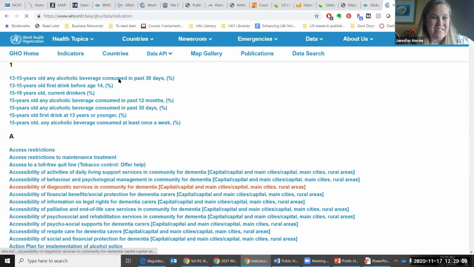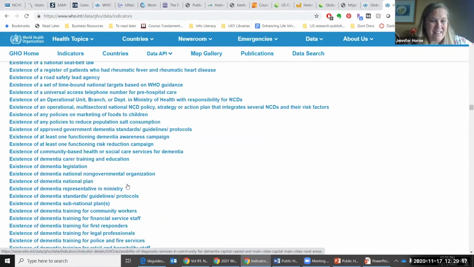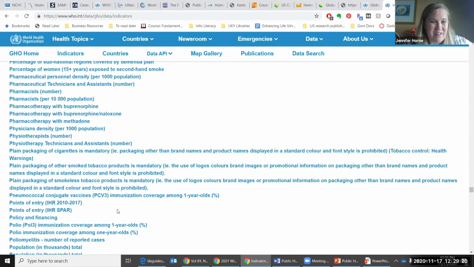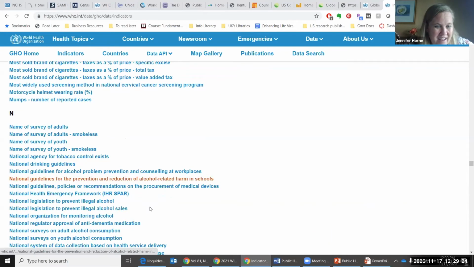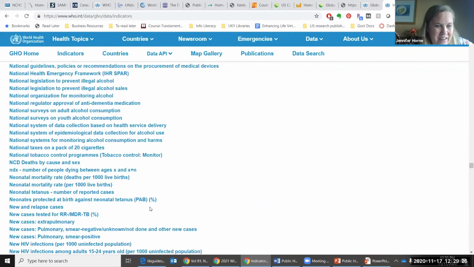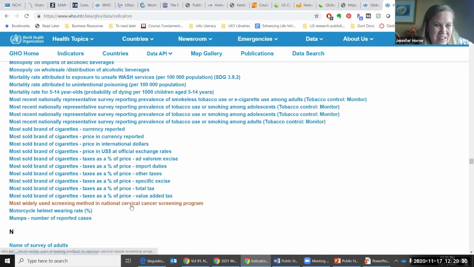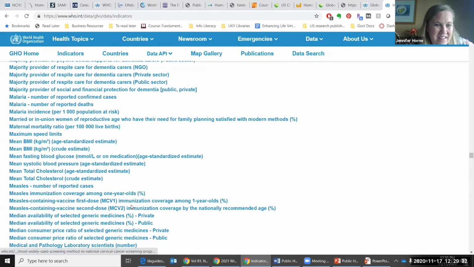It ranges from first drink before age 14 to dementia. Just look at how long this is. And when you click on one of them, you can see that these are crazy detailed.